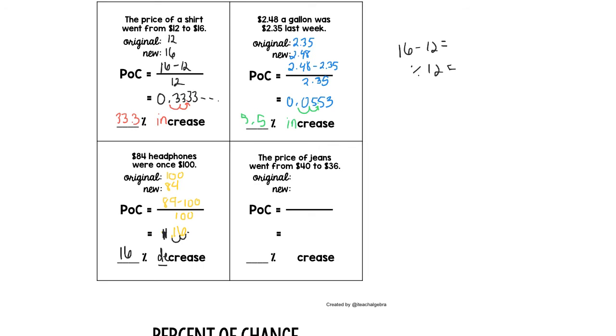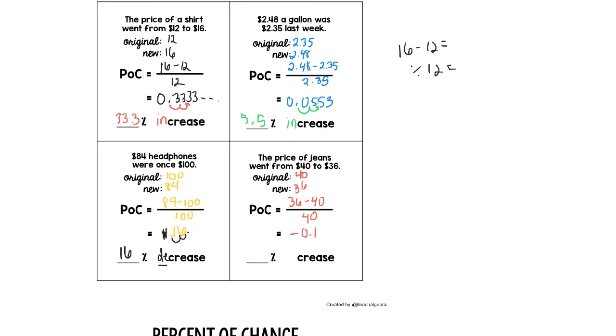Try this last one on your own: pause it here and do your own work, and then come back and check yourself. All right, the price of jeans went from $40, that means it started at 40, and now it's $36. So we do new minus old over old. When we do that, we get negative 0.1.